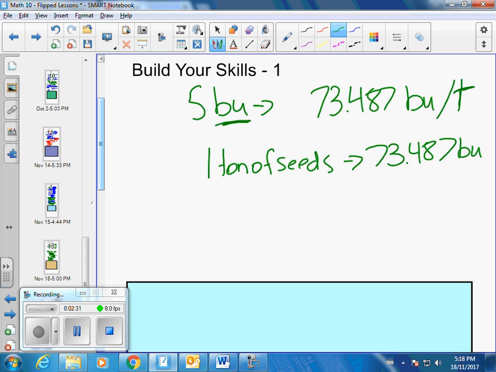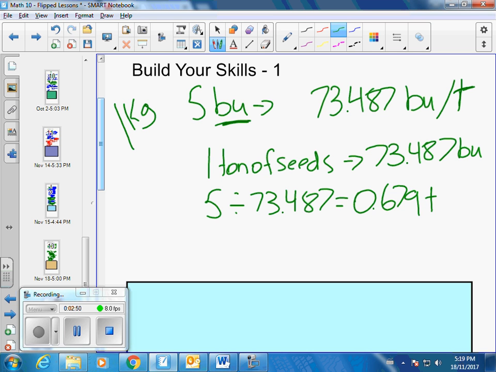I'm going to take my bushels and divide by my conversion factor, 73.487, and that gives me an answer of 0.679 tons. But remember, the question is asking us to answer in kilograms. There are 1,000 kilograms in 1 ton.